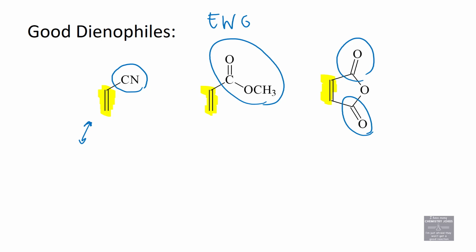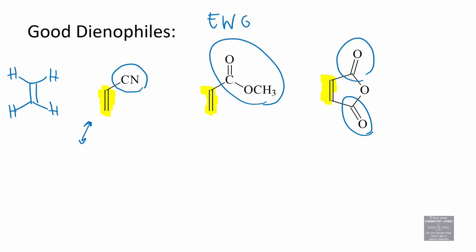These dienophiles are not as electron-rich as something that has all hydrogens and no other group attached. So I'm trying to draw resonance to prove that the yellow highlighted things are less electron-rich than the blue thing over there.